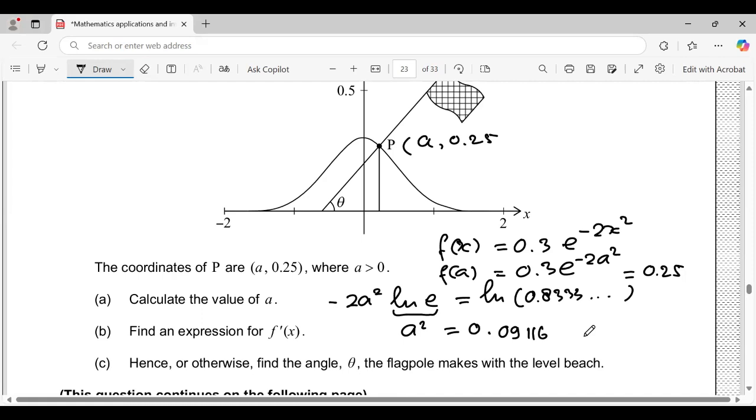This is a squared, so it means a is the square root of 0.09116. The result is 0.30192. Round off becomes 0.302. This is a.